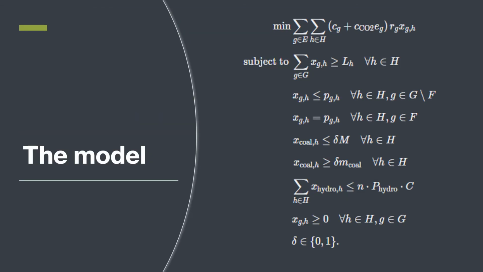Now moving on to the actual model itself, the main formulation is shown here. The top one applies to carbon emission generators. As you can see, Cg plus Ce CO2 Eg is pretty much the sum of the cost of the CO2 emission and the cost of gas.